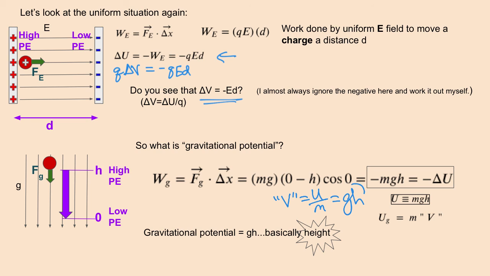But honestly, when we're thinking about uniform fields, height is really where your brain is going to go. What's nice is that we did this derivation using a uniform field, but that height or elevation is going to be something that we use a lot in our intuition.